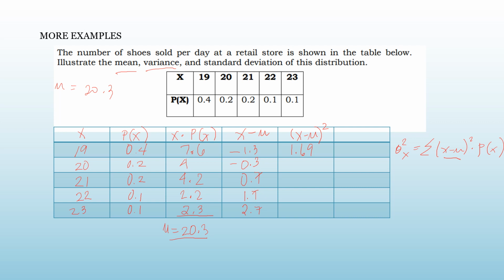Negative 0.3 times negative 0.3 is equal to 0.09. 0.7 times 0.7 is equal to 0.49.